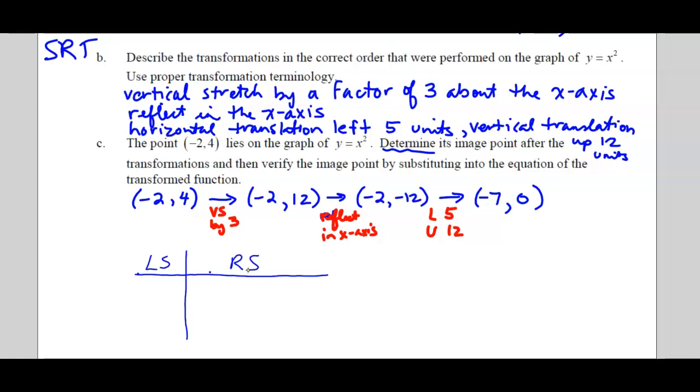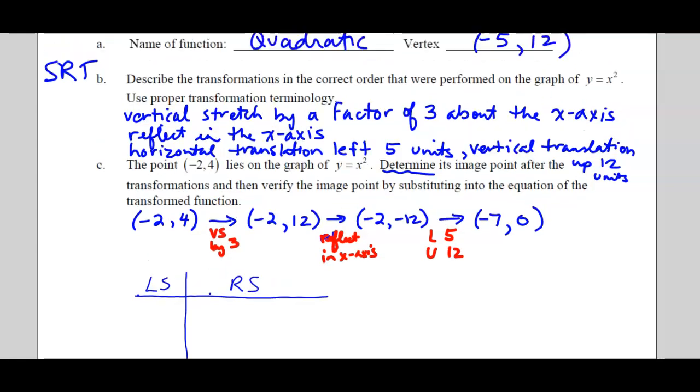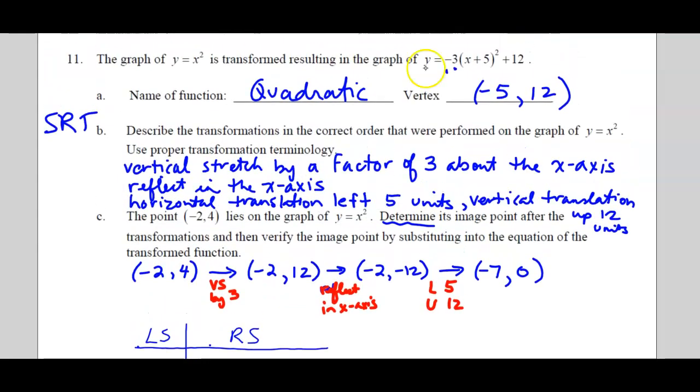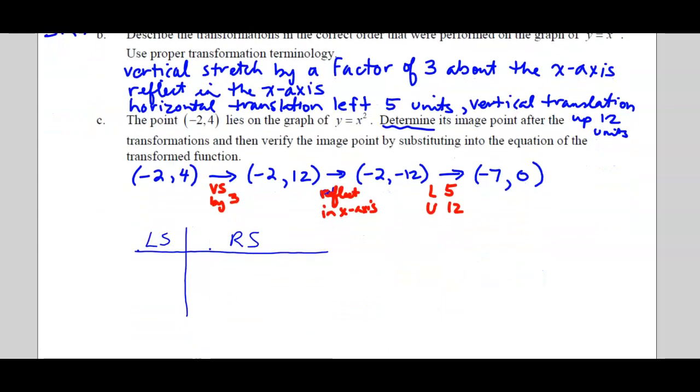So my left side in this is y, and that's my right side. So I'm trying to check y equals 0. So that's what I'm thinking it is. And then my right side is negative 3.